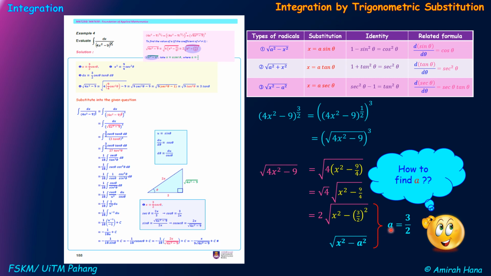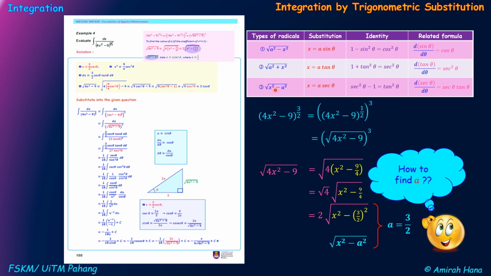Alright, after we identify the value of A, to solve this question, using integration by trigosub, the first step is we need to choose x equals either A sin theta, A tangent theta, or A sec theta. Which one? Since in front is x² with minus in between, we compare with formula number 3.